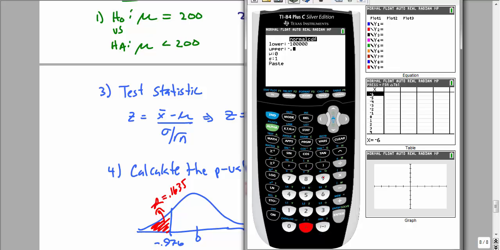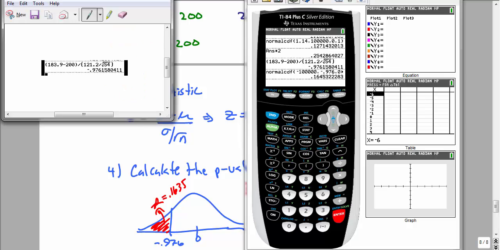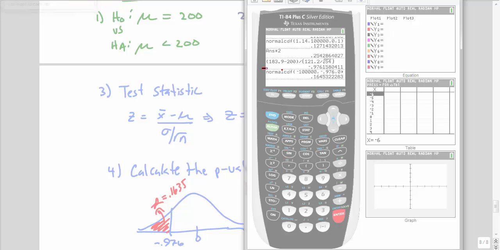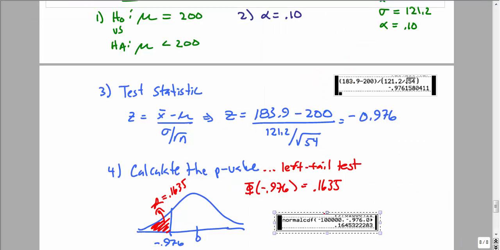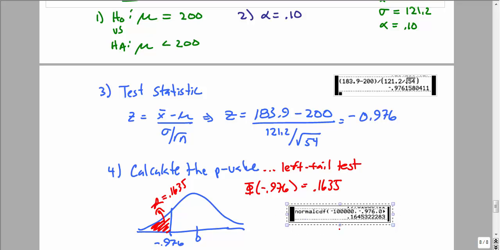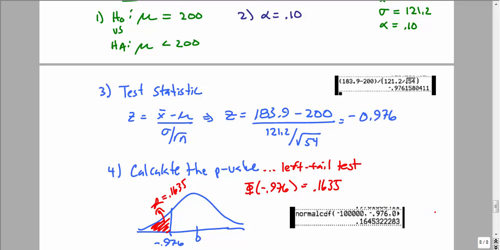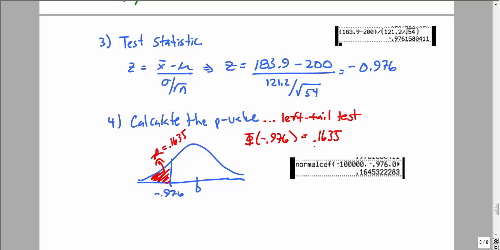The mean is 0 and the standard deviation is 1 because I standardized using the test statistic. And I get a similar value here of 0.1645. So it looks like my p-value, I'd be safe to say, is 0.1635 or 0.1645, either one. I'm just going to go ahead and stick with 0.1635 for my p-value.